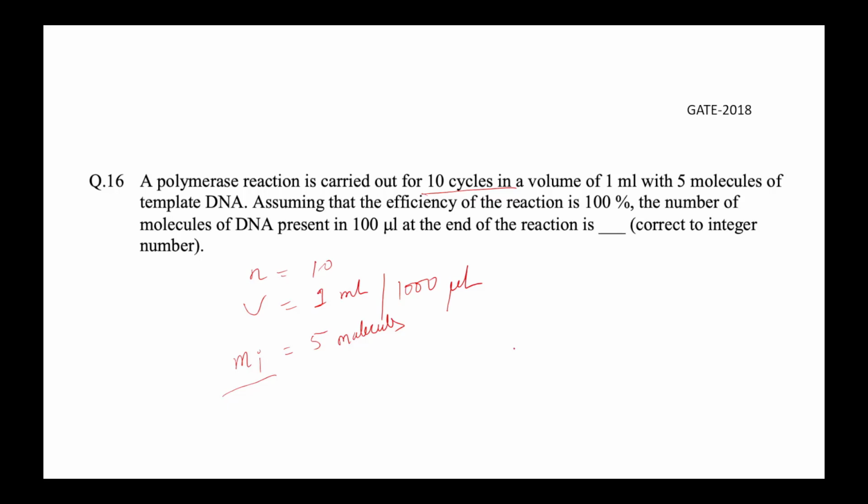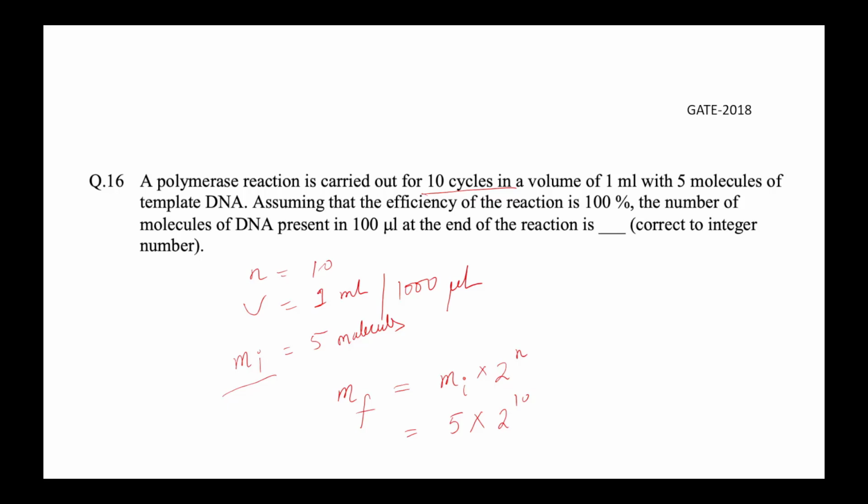Okay, so as we have discussed, the formula states that final molecules is initial molecules into 2 to the power n. We have initial 5 molecules and a total of 10 cycles.